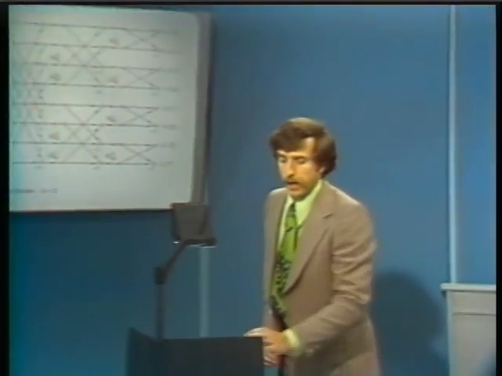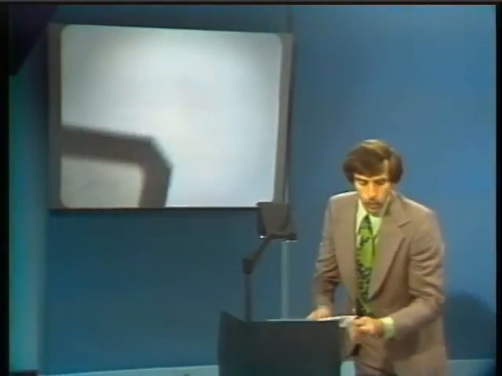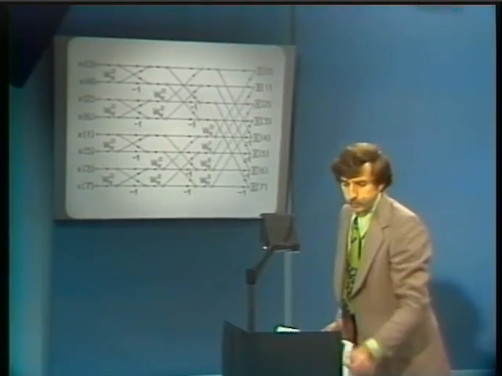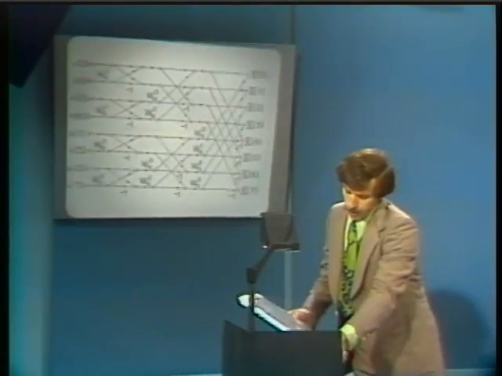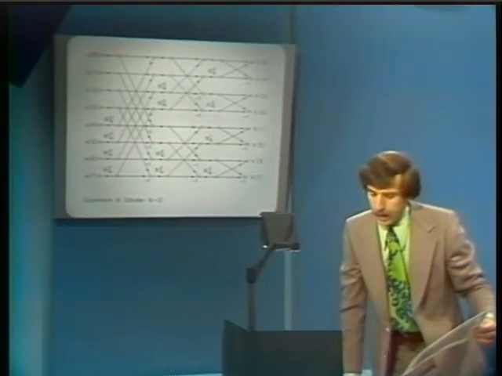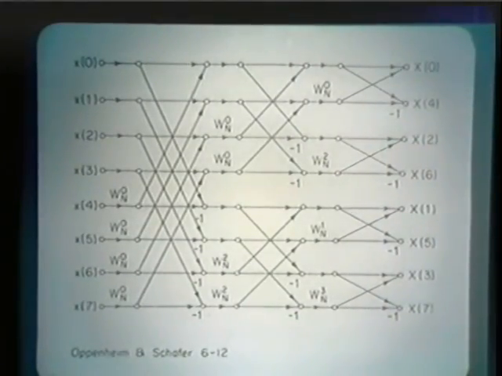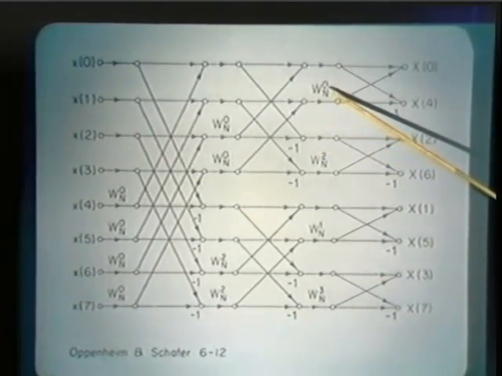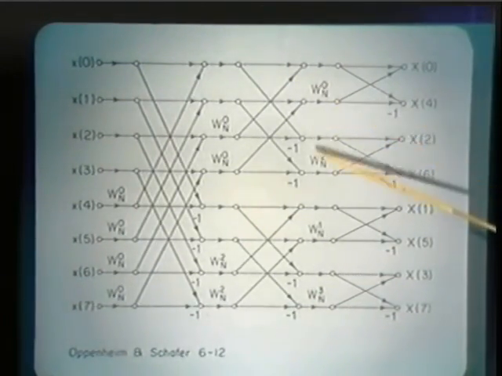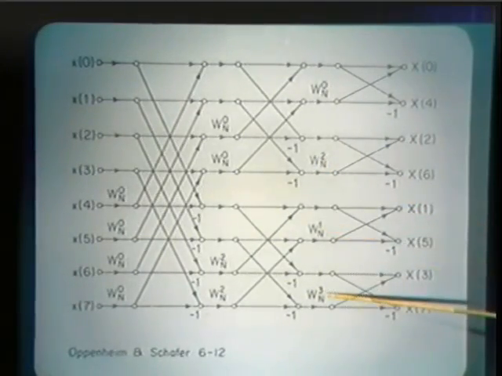For example, we have the decimation-in-time algorithm with normally ordered input and bit reversed output, which we could use as our forward transform, although as we just illustrated, it involves bit reversed coefficients.